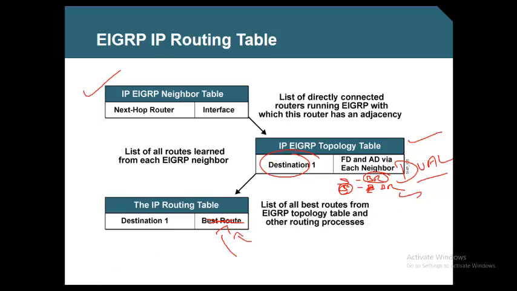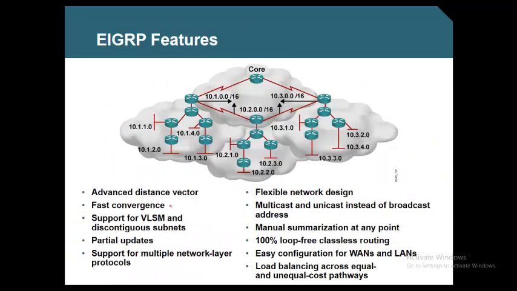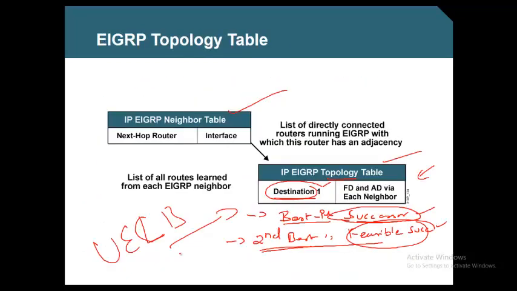Now I want to remind you something. We learned EIGRP is fast in convergence. Now, did you understand how it is fast? Because it is maintaining the backup path. When the best path goes down, it can immediately promote that backup path as the best path. Why does it need to wait to get an update?